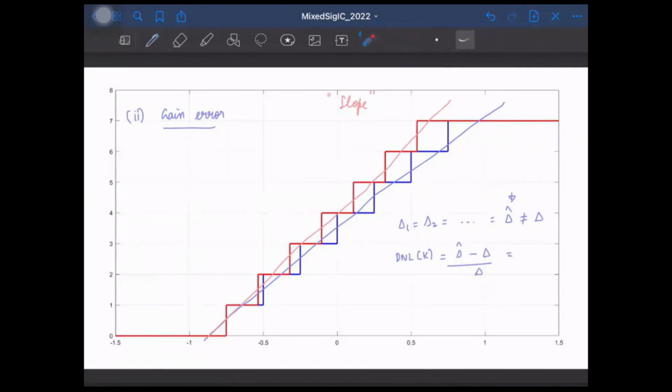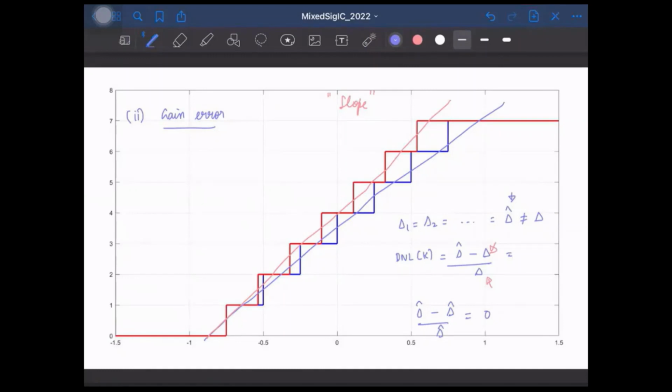But of course, we clearly saw that this has not introduced any additional non-linearity, right? It has only changed the linear slope. So what do we have to do? Well, instead of using this ideal step size delta here for calculating DNL, we need to use the step size delta hat here. So this will give you 0 DNL, and that's what you sort of expect.